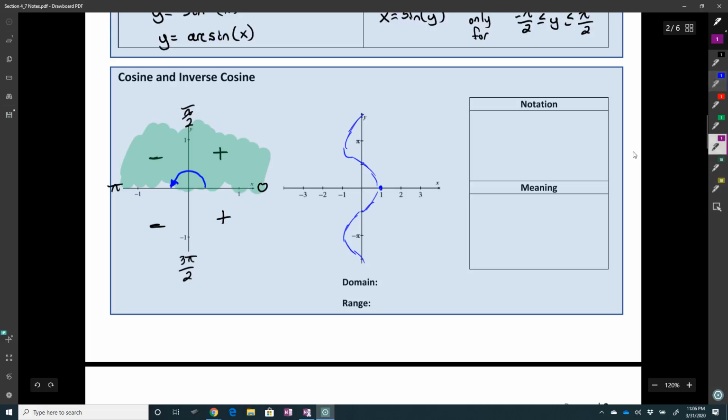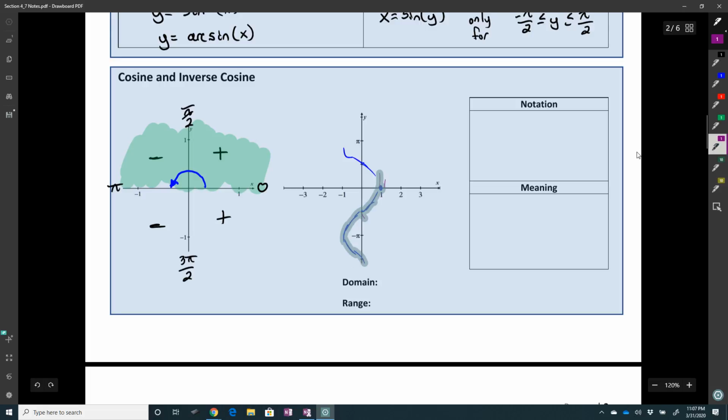We don't want to keep just this, because notice that if I use these two, it fails the vertical line test. So instead what they do is they use just the one positive, one negative, and so cosine ends up looking like this.